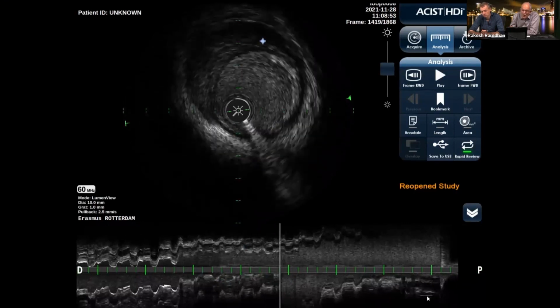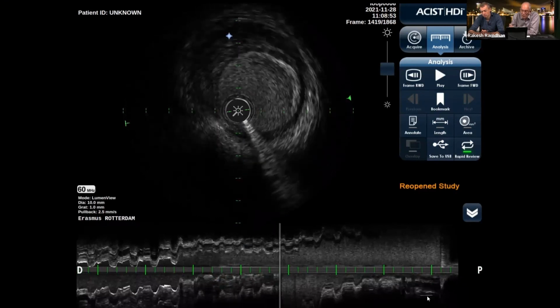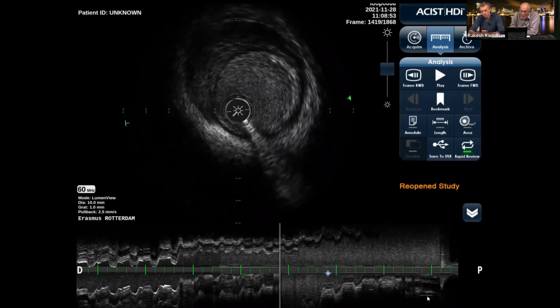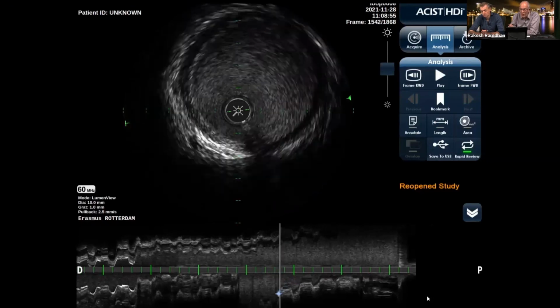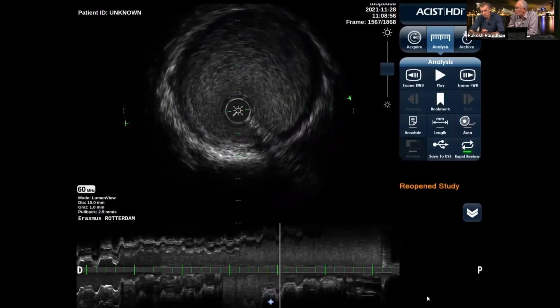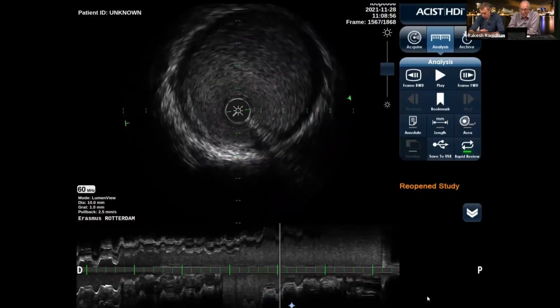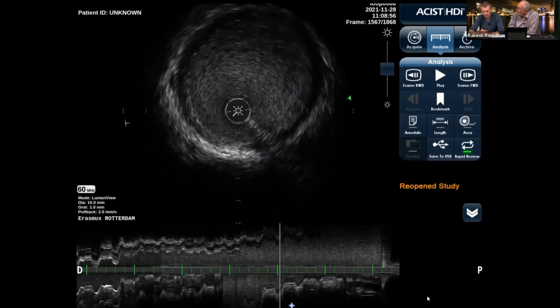There's still the hematoma, don't worry about that. We see it nicely against, close to the media, which is nice. And then we got rid of the hematoma, and there we have an almost normal left main stem, with some intimal thickening.